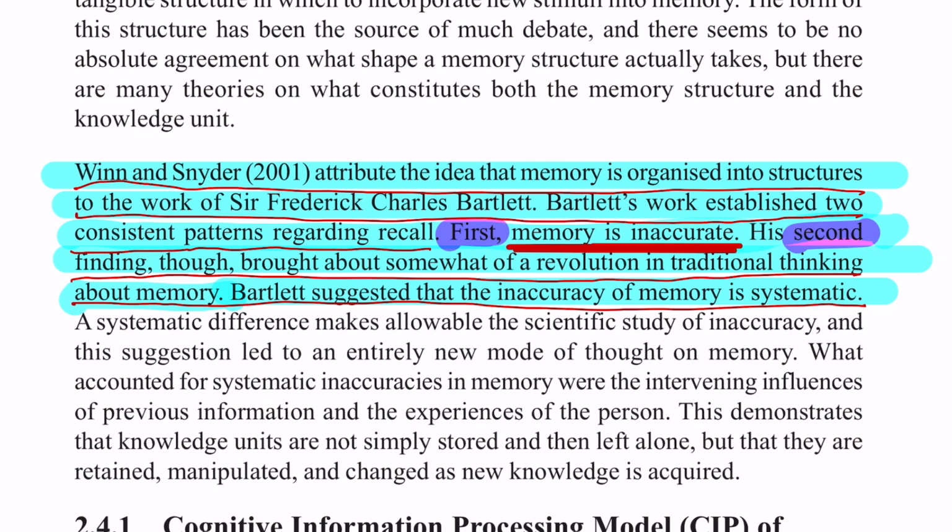It means suppose you have seen a certain event, and you don't have certain information related to that event, so you will fill that gap, and that is why it becomes inaccurate. How you perceive things depends on your experiences, how you have felt in the past.